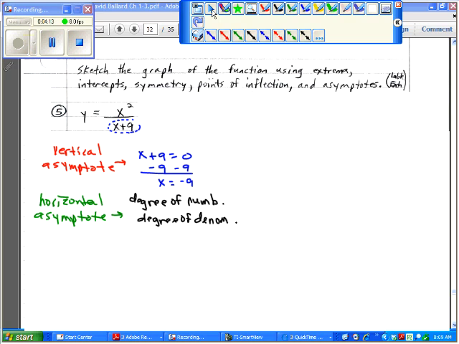Now, if the degree of the numerator is higher, what does that mean? It means that there's no horizontal asymptote. If the degree of the denominator is higher, it means that there is a horizontal asymptote, and it's at y equals 0.